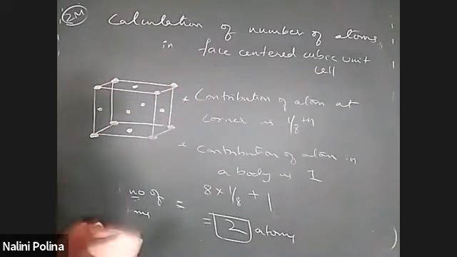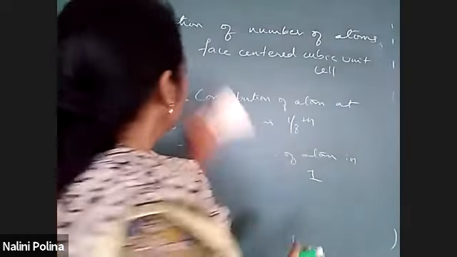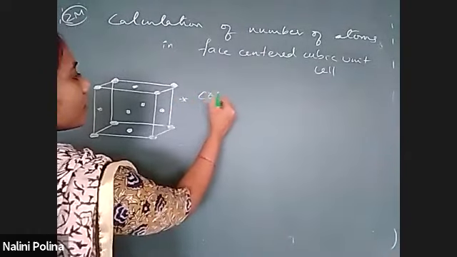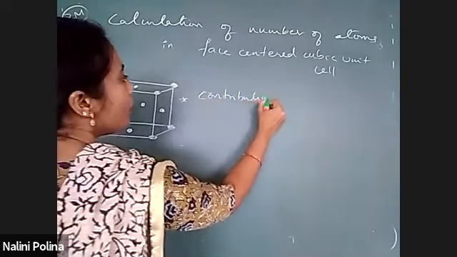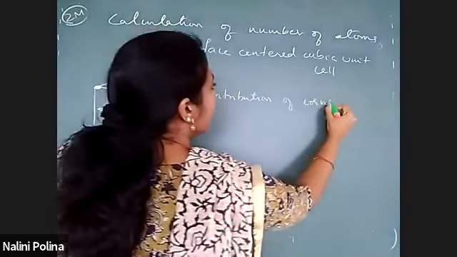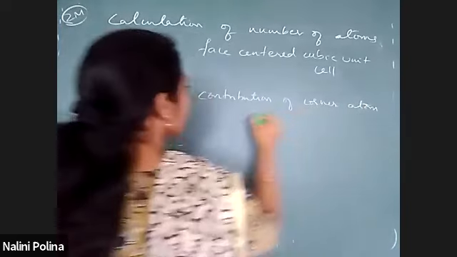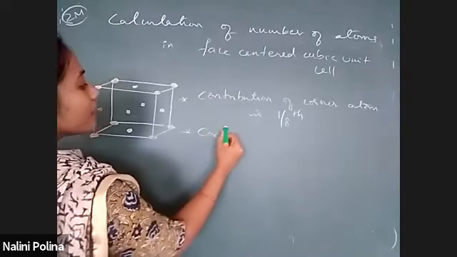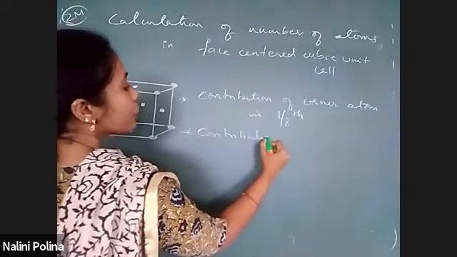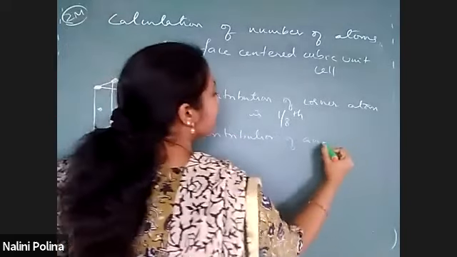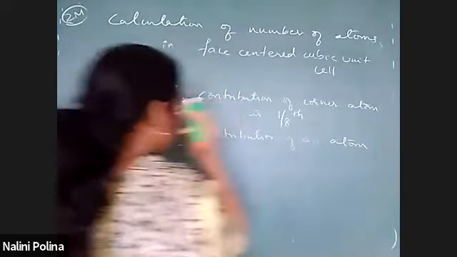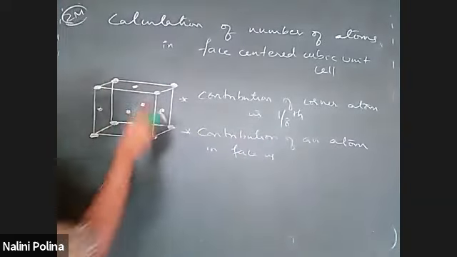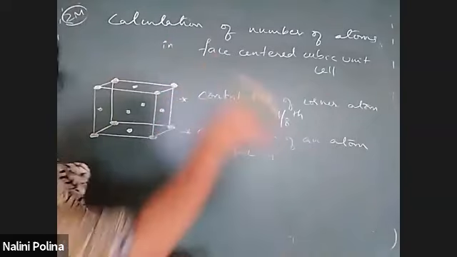So now, how do you calculate here? Contribution of corner atom is 1/8. Okay, and contribution of an atom in a face: one face is common for 2 unit cells.